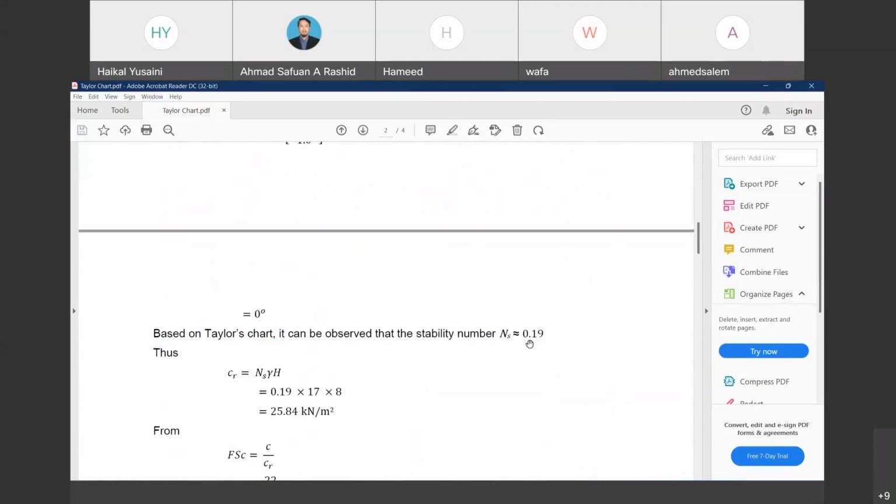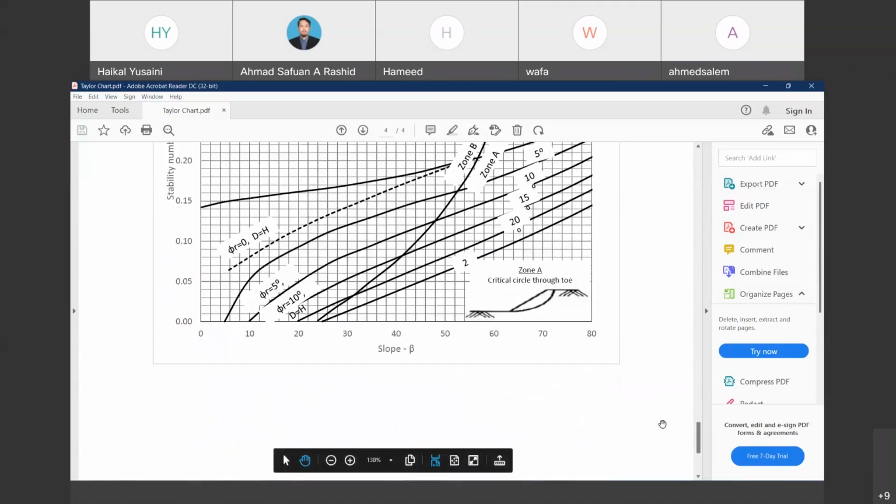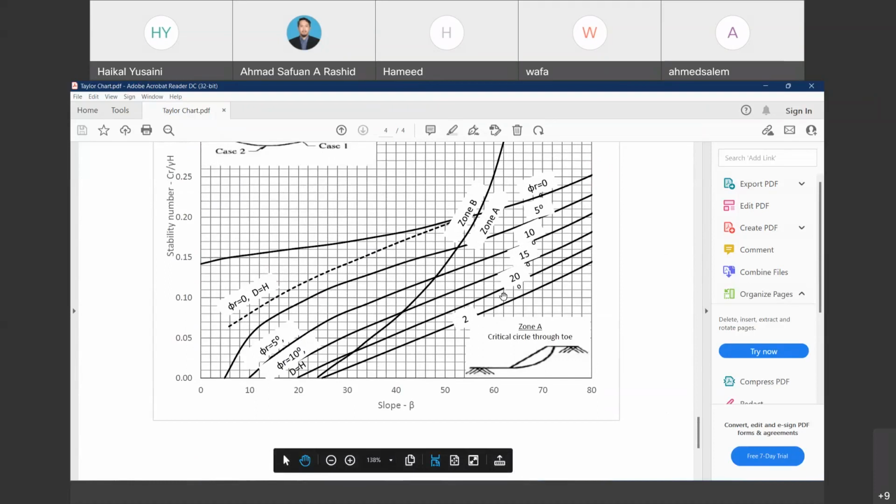Okay, 0.19, so that is the value for the stability number. So this is the 60, and then the 60 should bring the 60 until it meets the line of 0.